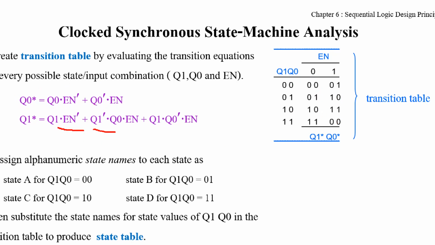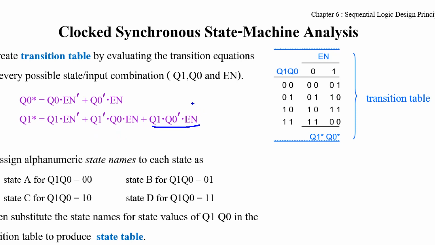And for this term also, we try to find the condition that will make this term become 1. For example, En is 0, Q1 is 1, so it's 1 here. For this term, En is 1, Q1, Q0 is 0, 1, so Q1 star is 1 here.